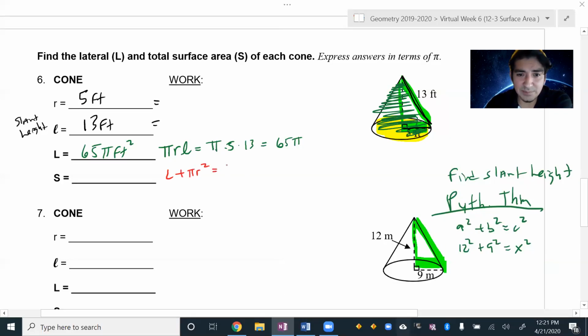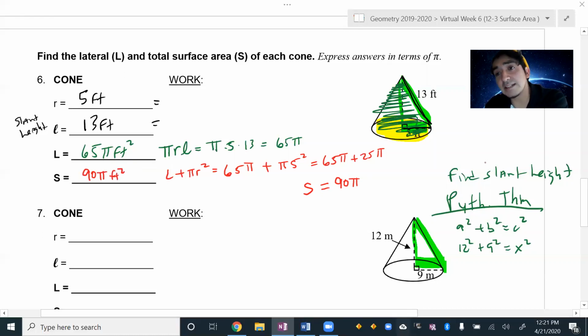And L is already 65 pi because we just found it. And the other part is pi, and then r is 5 squared. So that means it's 65 pi plus 5 squared, which is 25 pi. And so 65 plus 25 gives you 90 pi. That's going to be your total surface area for this one, so it'll be 90 pi feet squared.